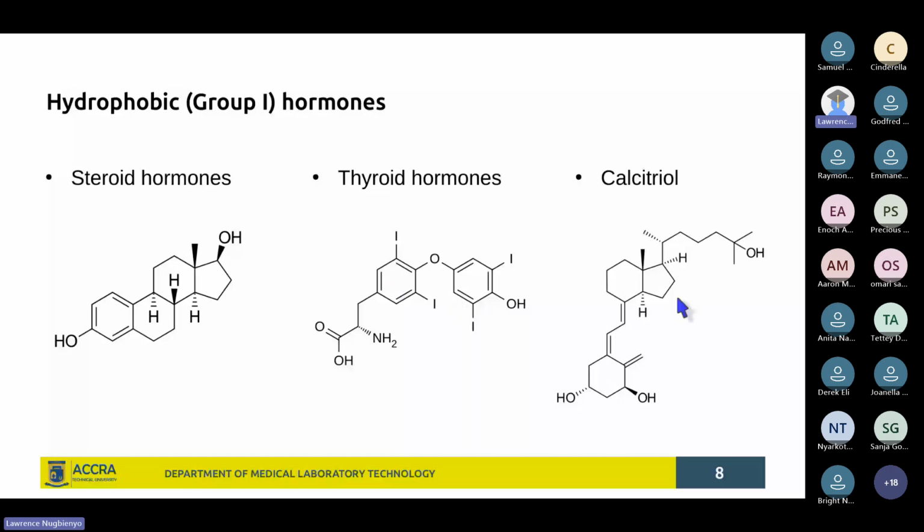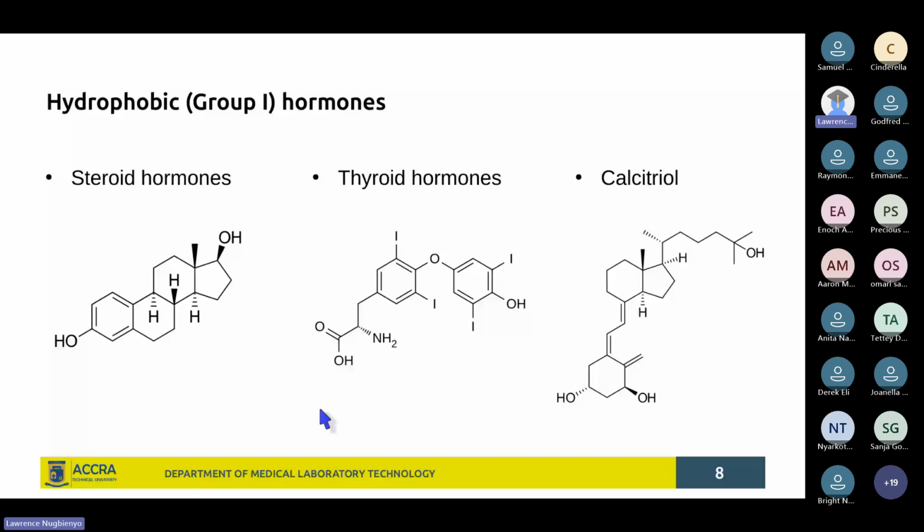Calcitriol too, if you pay close attention to it, you realize that it has a similar structure to the steroid, except that the second ring is open. If you pay attention to the ring of the steroid, you see it's similar to that of calcitriol, except that the second ring is open. So that too is hydrophobic. So you have the hydrophobic hormones, which can easily penetrate through the cell membrane.